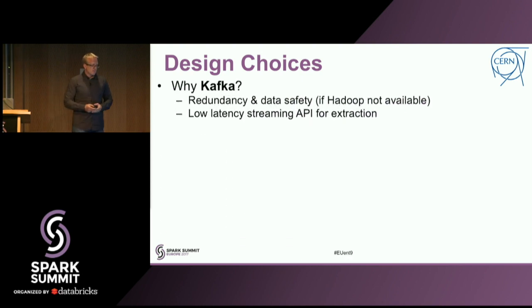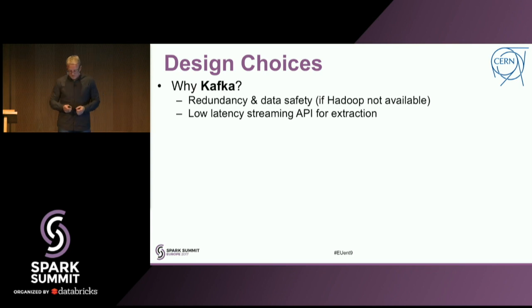So why Kafka? This is widely known, but maybe I'm repeating some obvious things. We debated a little bit whether we need this component because the more components you have, the more moving pieces you have in your system, and the more it is exposed to different problems and errors that come with them. So there is this data redundancy and data safety that comes with Kafka, because if we have a problem downstream, we can still keep data in Kafka and don't lose it.